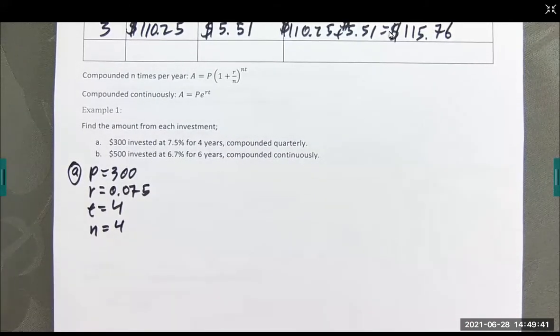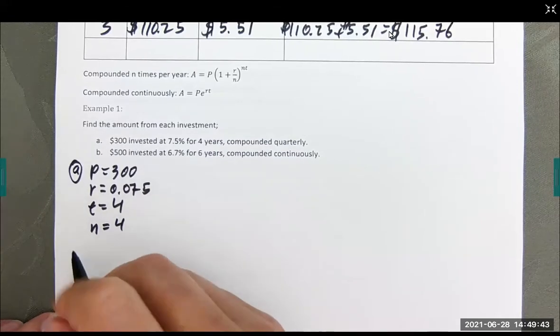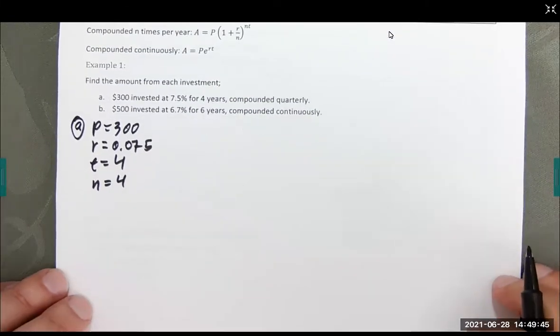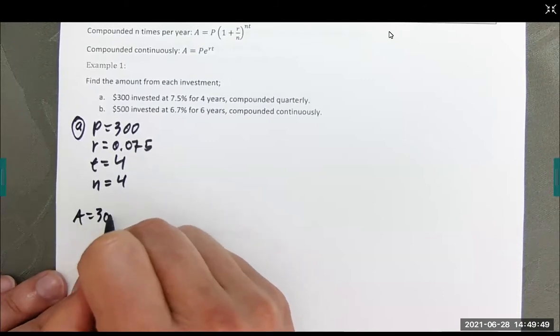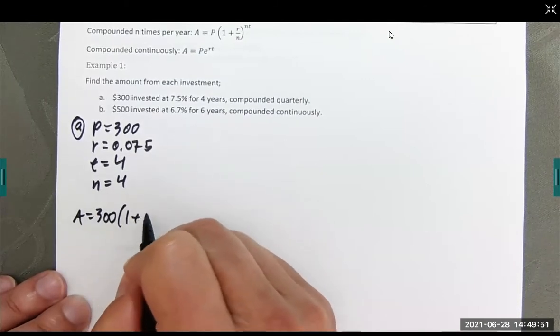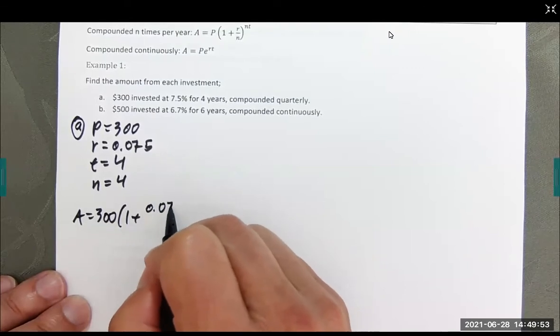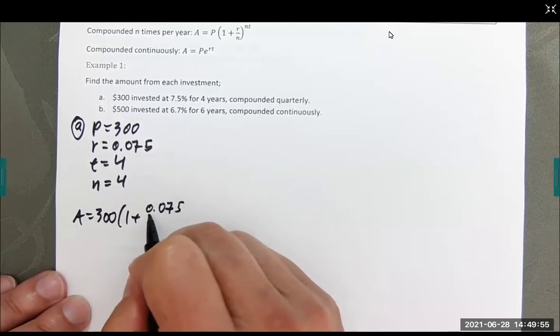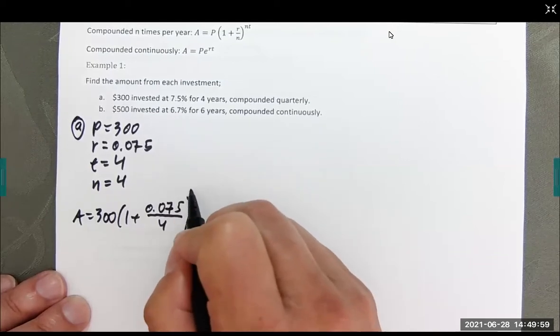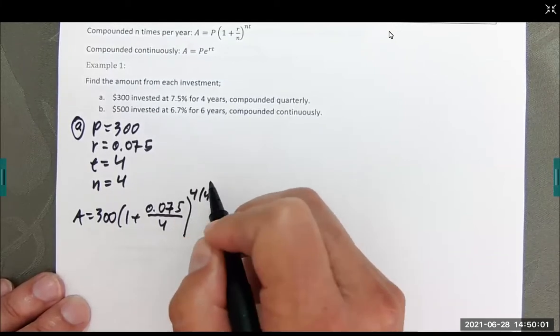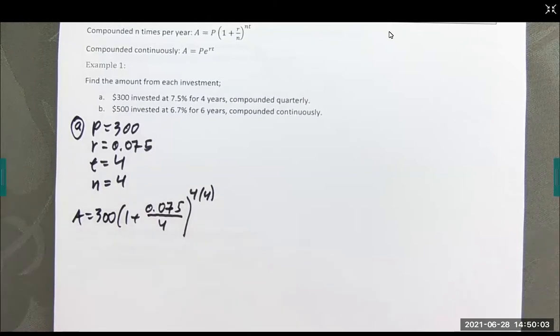All right, let's drop in. So we have that A is equal to 300 times 1 plus 0.075 divided by 4, raised to the 4 times 4 power. Now, be careful.